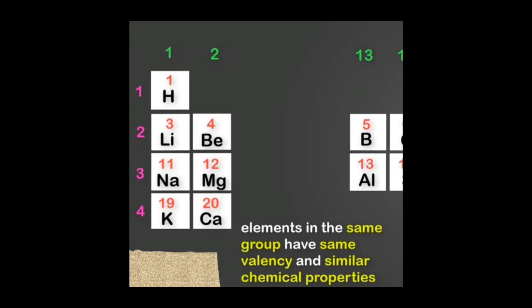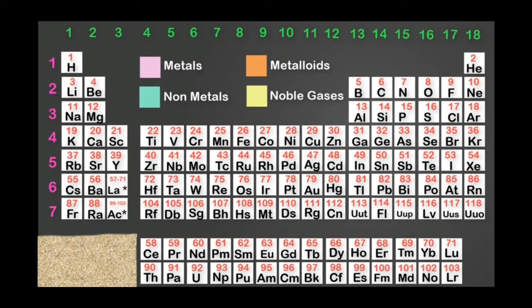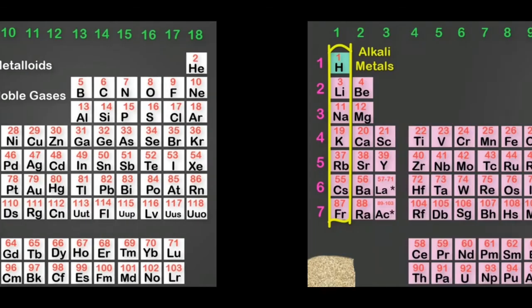Elements in the same group have the same valency and similar chemical properties. You might have seen the colorful pictures of the periodic table where the colors represent the different types of elements. For example, metals, non-metals, metalloids and noble gases.